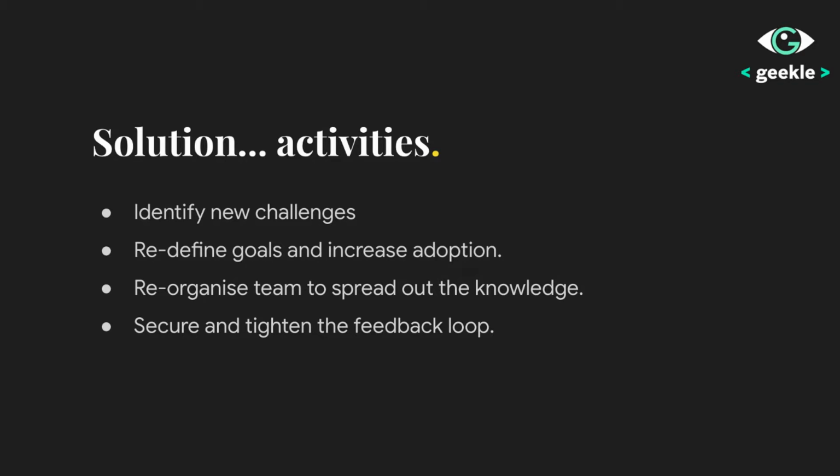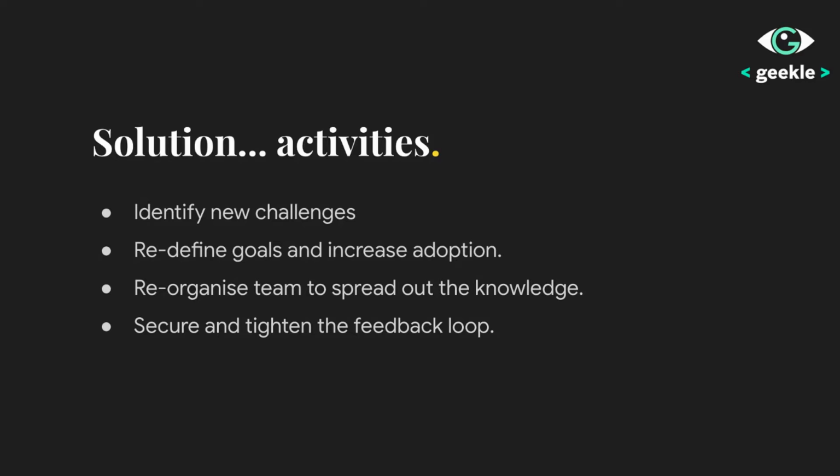The idea here is to not build knowledge silos, where these are the three people who are experts in the design system which we have created. Instead of that, you need to spread that information into multiple teams. So reshuffle and reorganize your team which is working on the design system for some specific time duration. Secure and tighten that feedback loop.